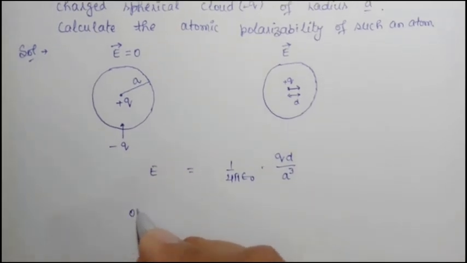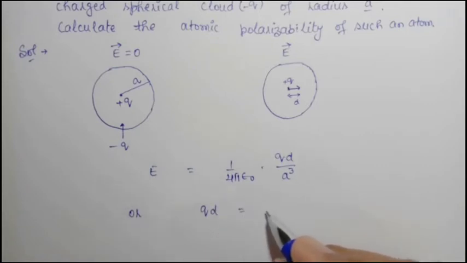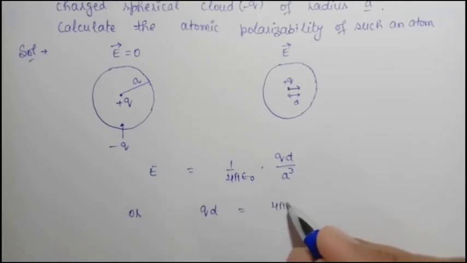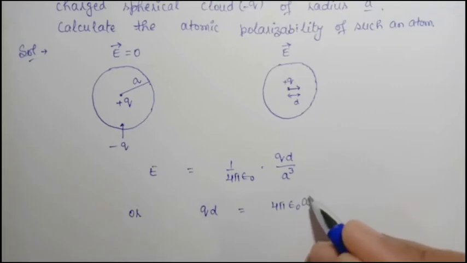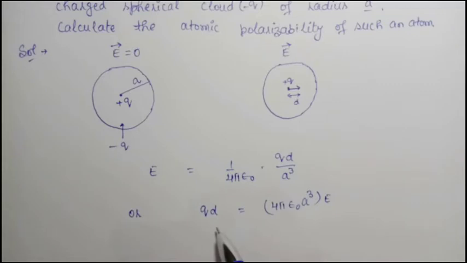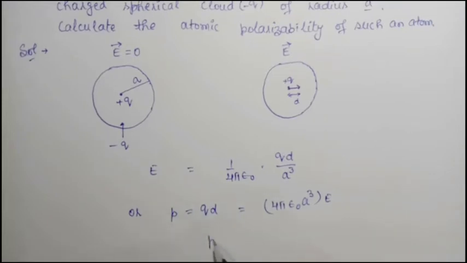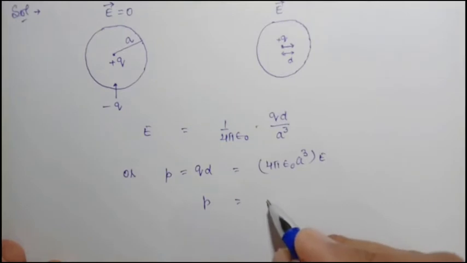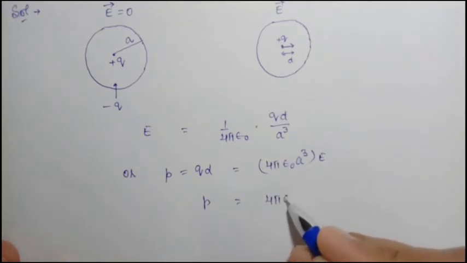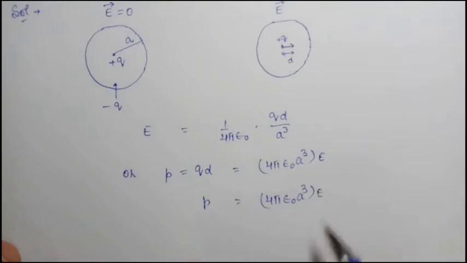Or we can write Qd is equal to 4 pi epsilon naught A cube E, and this Qd we know is the dipole moment p. Okay, so we can write p is equal to 4 pi epsilon naught A cube E.